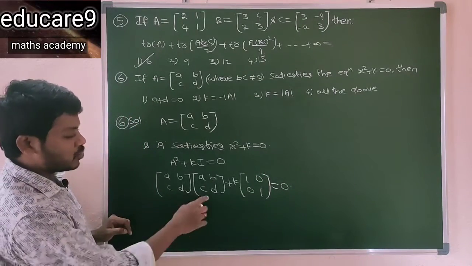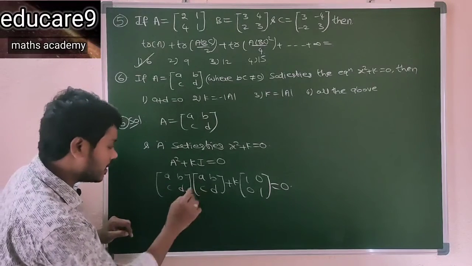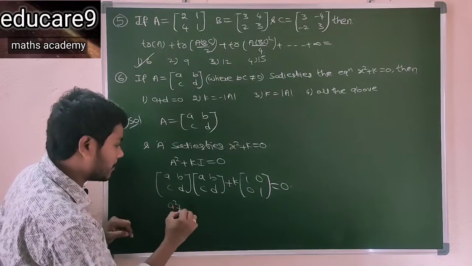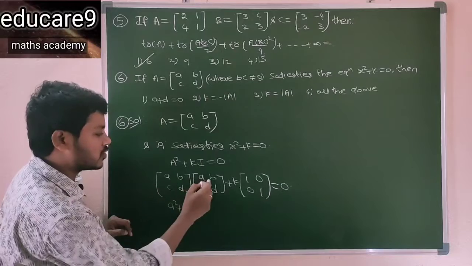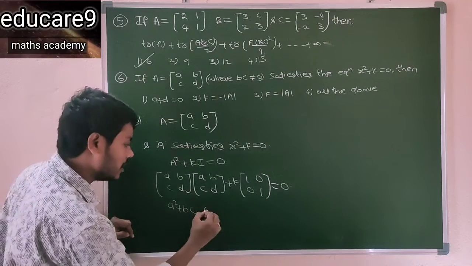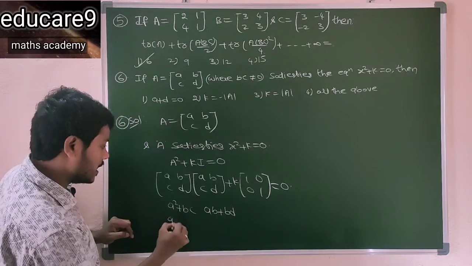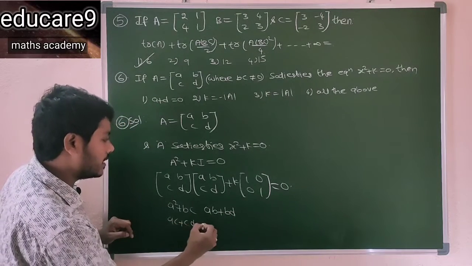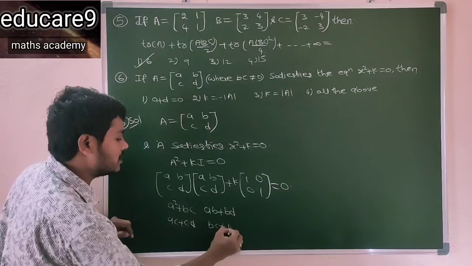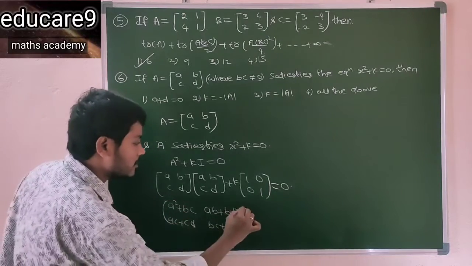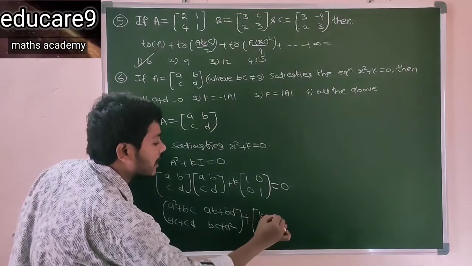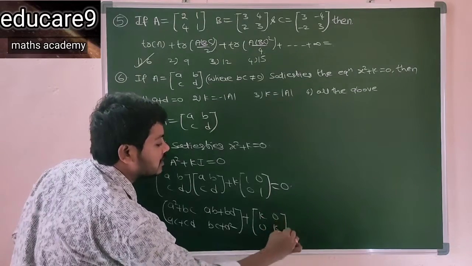Now multiplying these two matrices, what do you get? A square plus BC, next first row second column AB plus BD, next AC plus CD, next BC plus D square, plus [k, 0; 0, k] equals 0.